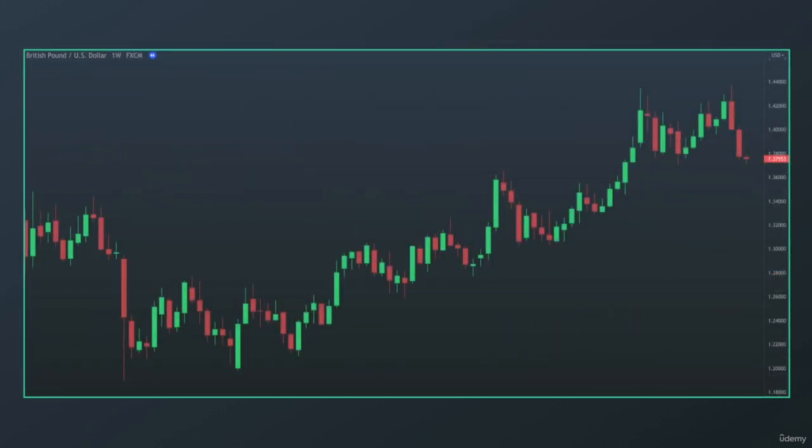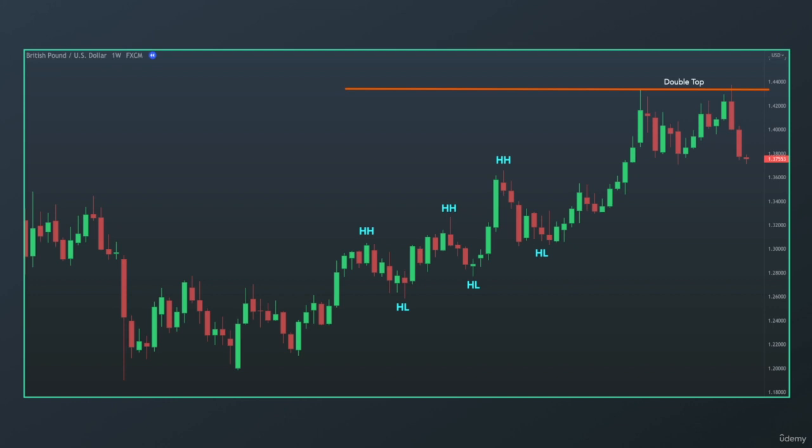So we will now look at the weekly time frame. As you can see, price is coming from an uptrending market. Price is making higher high, higher low, higher high, higher low, higher high, higher low, and then price established a resistance level right here, forming a double top, which is a reversal price action pattern.